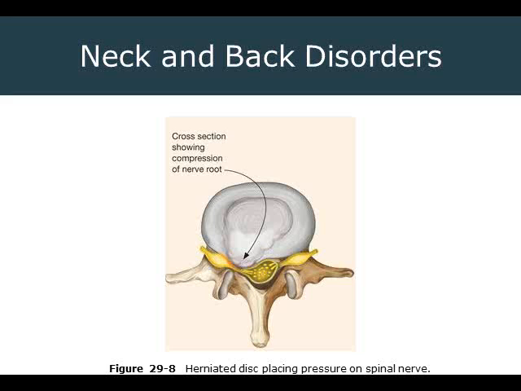Sometimes we get it ourselves from overuse, from straining. You may blow a disc. They show an example here where this disc has herniated. So basically it's blown out, and by doing so, it's putting excess pressure on the nerve. When it puts that pressure on the nerve, it causes an increase in pain and potentially loss of function.